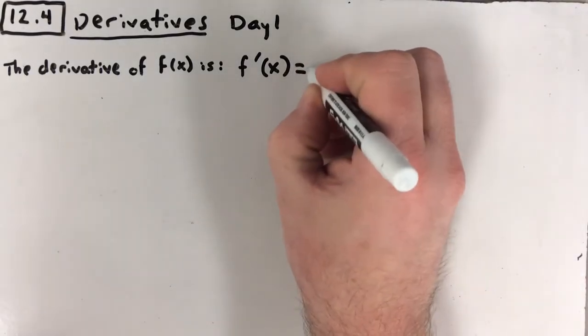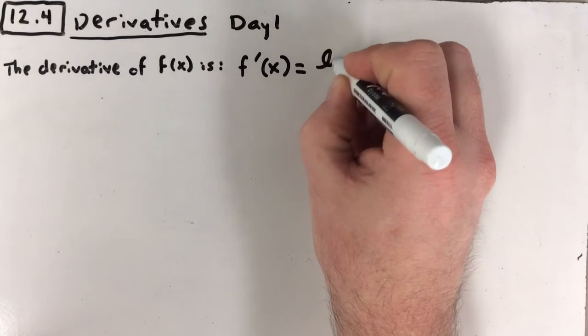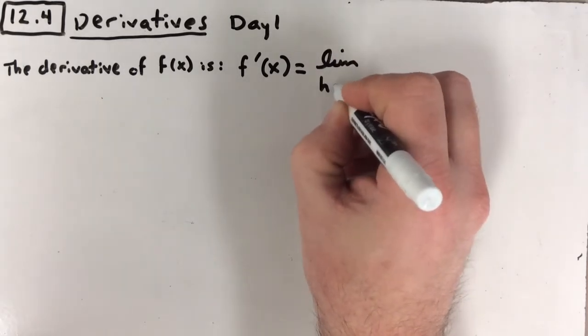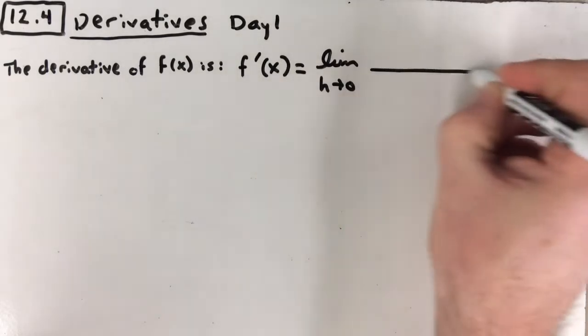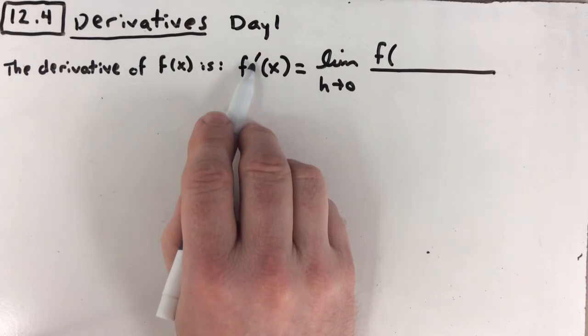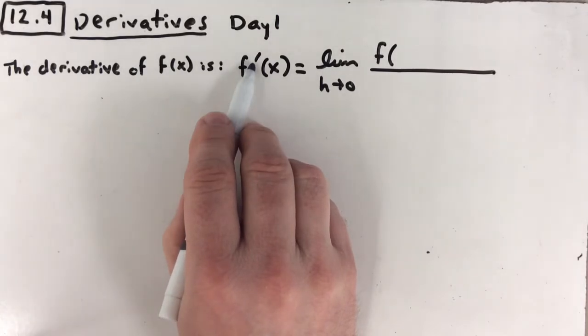What our book says on page 766 is that the derivative can be defined this way for any function f of x. It is equal to f, and then that apostrophe there, most math teachers read as prime.